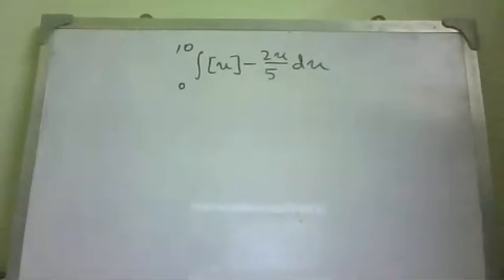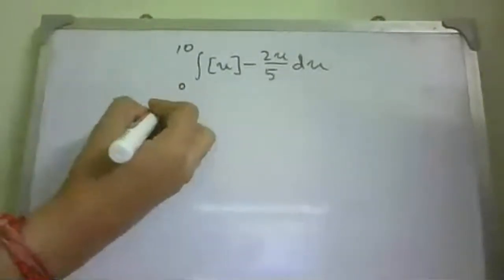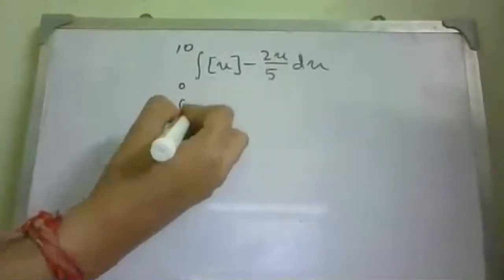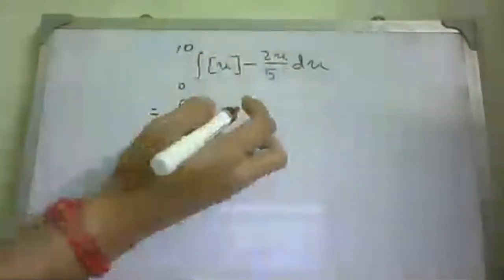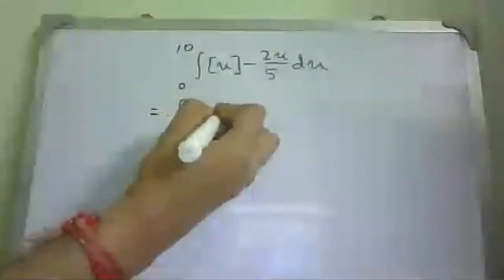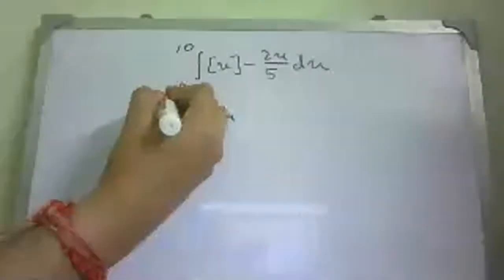Okay, before starting the integrals, let me just do this particular thing. Now, why is this particular thing so special? There's actually nothing very special in this, but if we try to solve this, we can just separate out both these terms. Once we separate both these terms, we will get something like this.